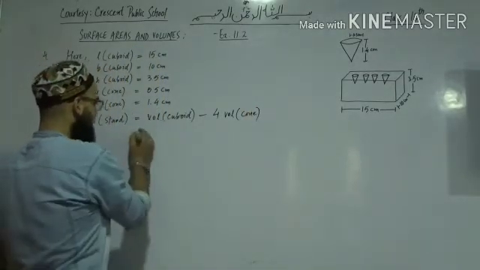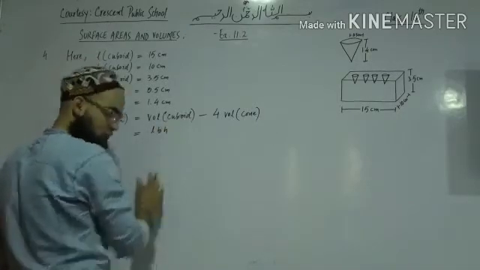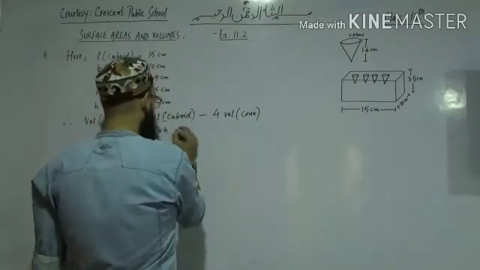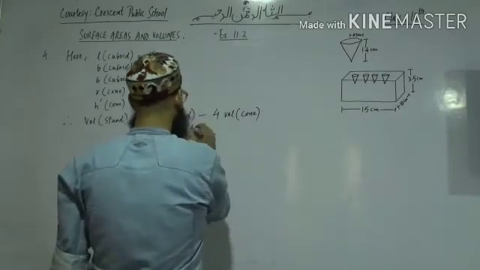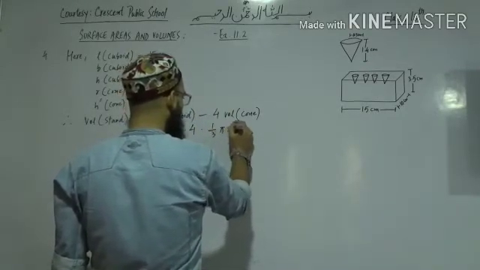So volume of cuboid, you know, it's LBH, minus 4 times volume of cone, which is 1 by 3 pi r square h.